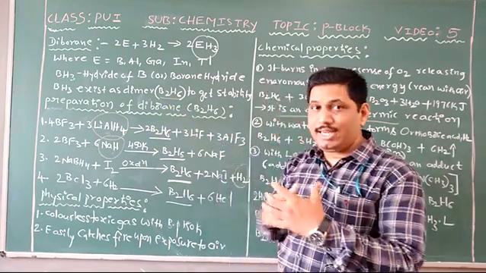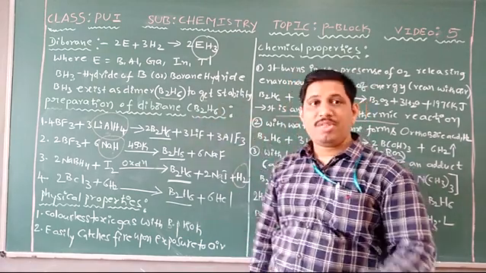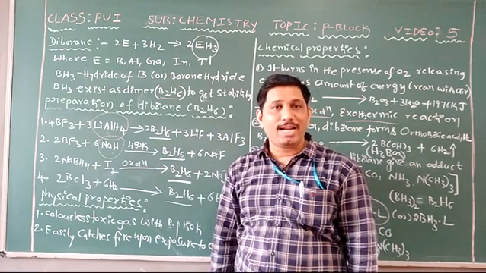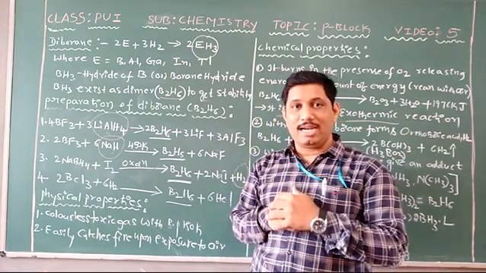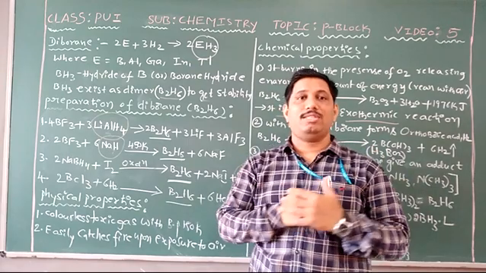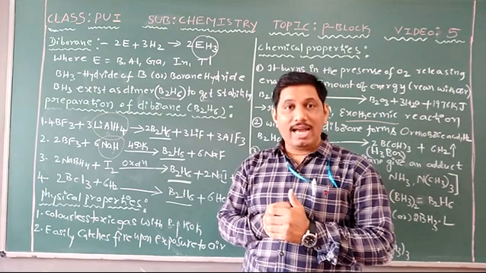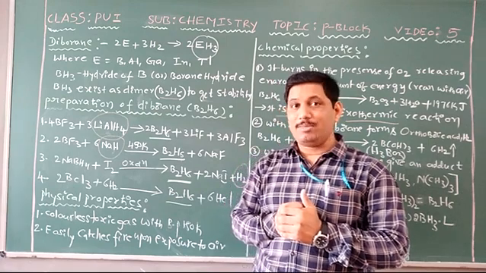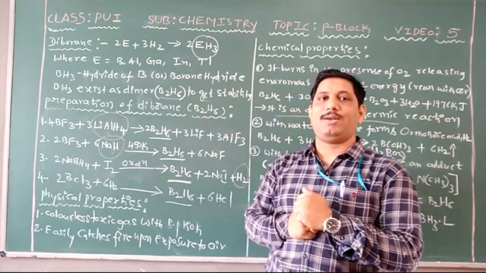Next, the BH3, the hydride of boron, can exist as a dimer, that is B2H6. Why does it exist as a dimer? To get stability. Every atom and molecule tries to get stability by dimerization, by accepting, sharing or losing electrons. For example, the trihalides of boron can exist as stable molecules by accepting a pair of electrons.